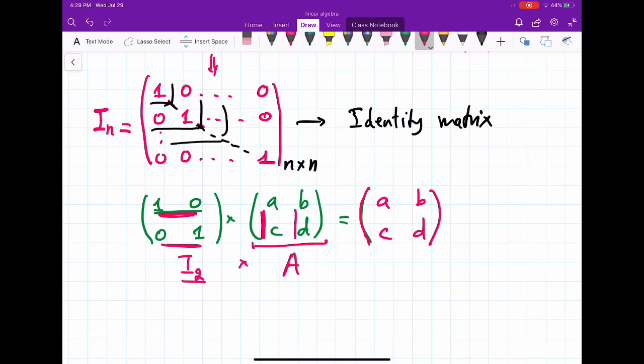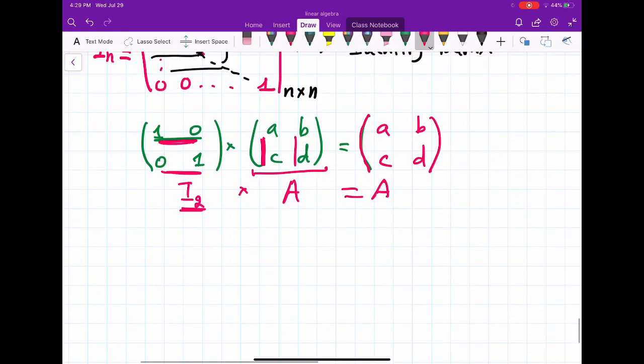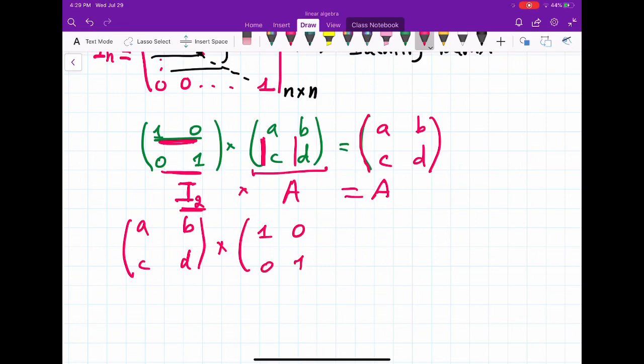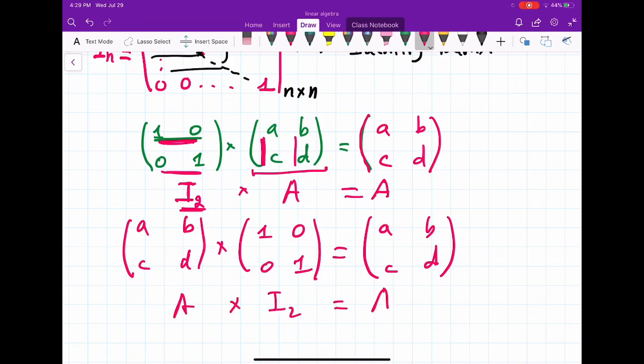When n is equal to 2, you have I2. That is A. That is, you multiply with I from the left. If you multiply with I from the right, you have exactly the same A. Right? So you have A, B, and C, and D right here. So A times I2, that is A.